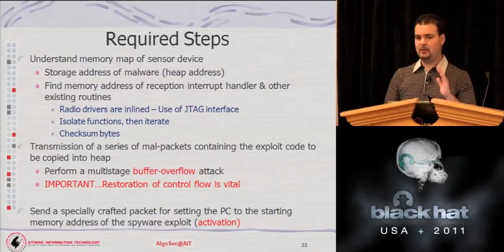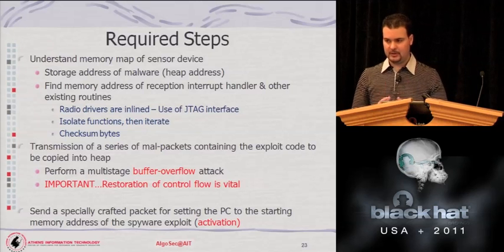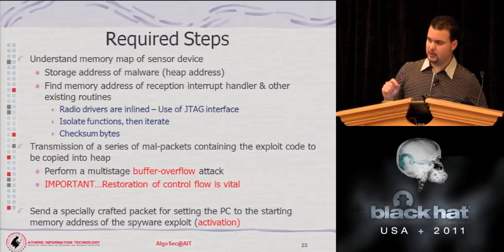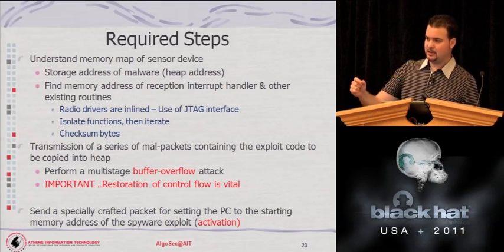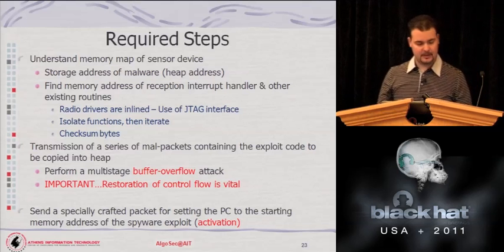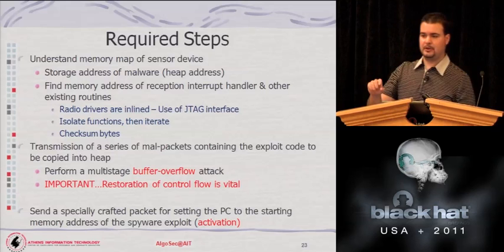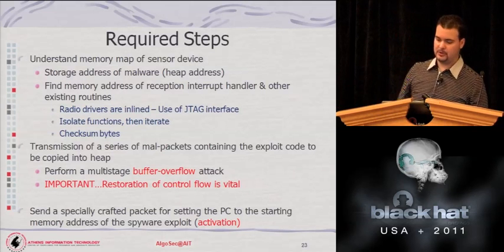You overflow the buffer, you override the stack, you point the program counter to the instructions inside the packet. But the important thing is that when you finish executing the instructions inside the packet, you have to restore the control flow. Otherwise, further reception of such kind of packets will not be possible. And finally, once injected, you send a last message where you redirect the program flow to the starting memory address of your shellcode.